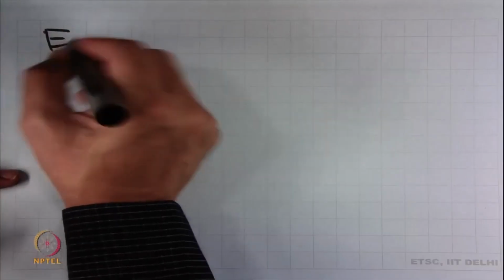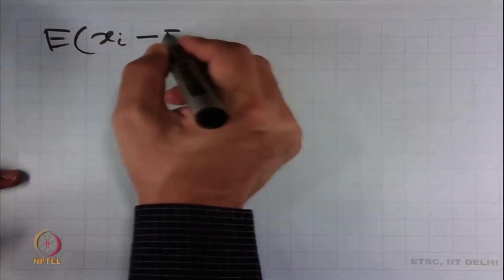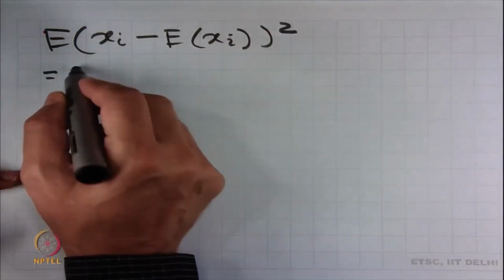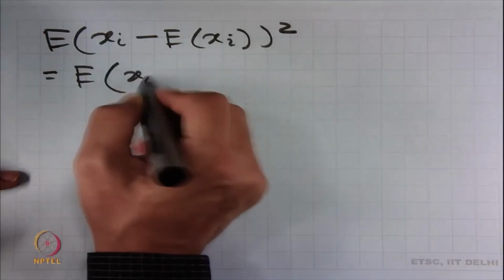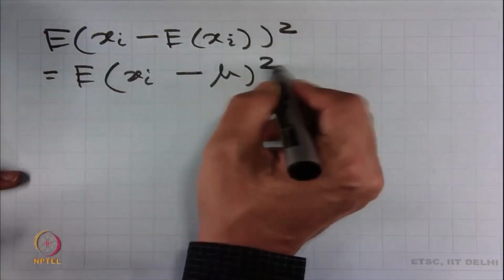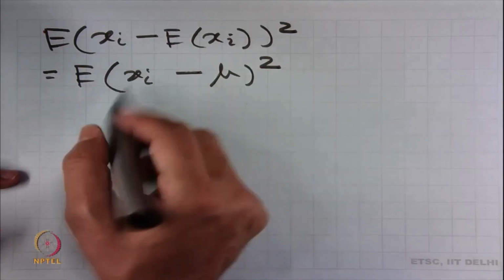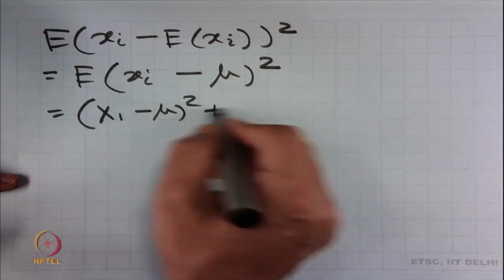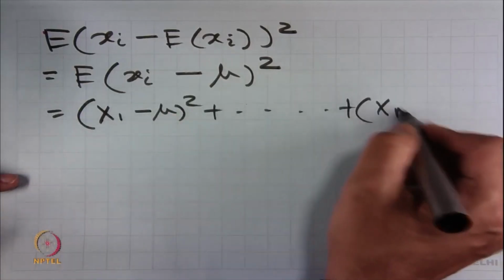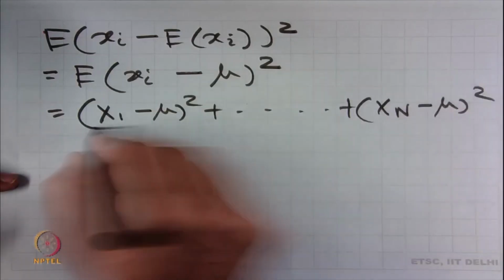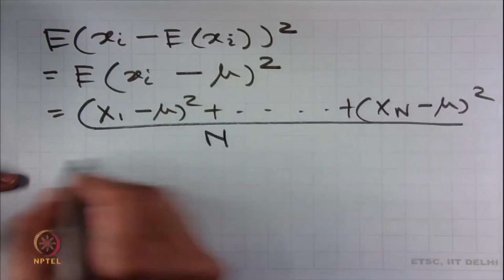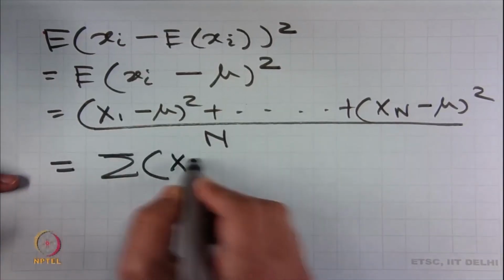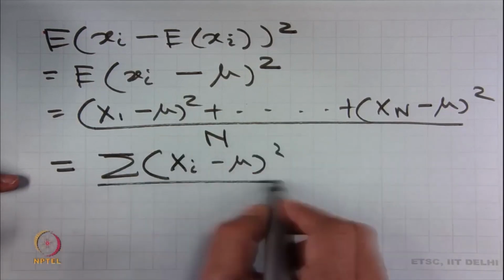Now, expected value of xi minus expected value of xi whole square is equal to expected value of xi minus mu whole square, is equal to x1 minus mu whole square plus xn minus mu whole square divided by n, is equal to sigma of xi minus mu whole square by n.